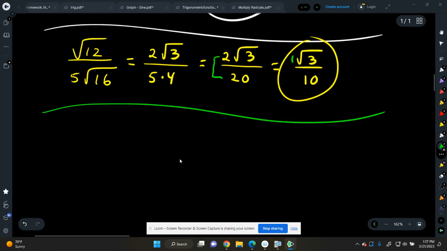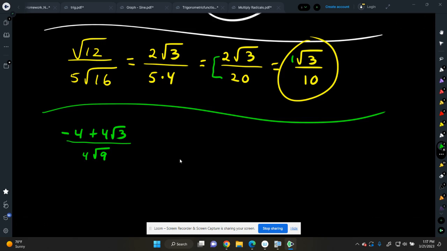Okay, number 4. Now we just all of a sudden got harder. Negative 4 plus 4 root 3 over 4 root 9. How would they cancel out?